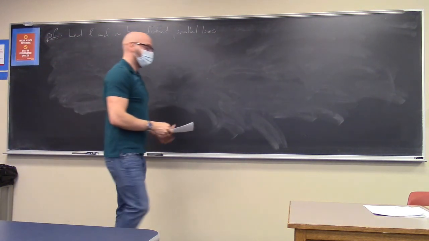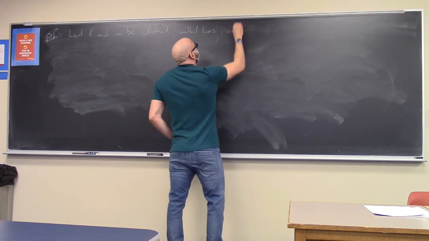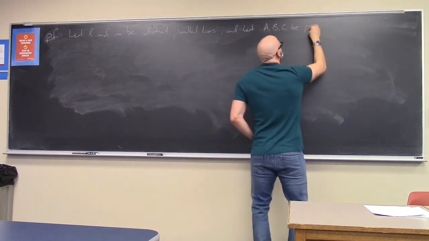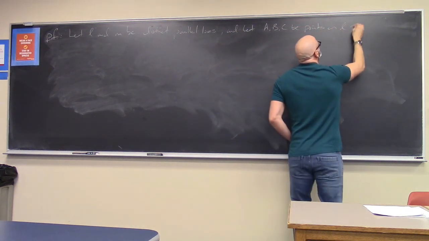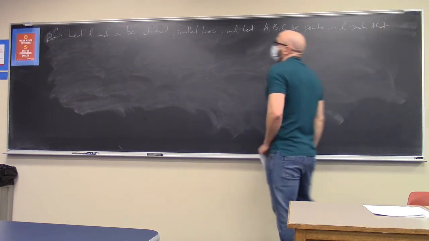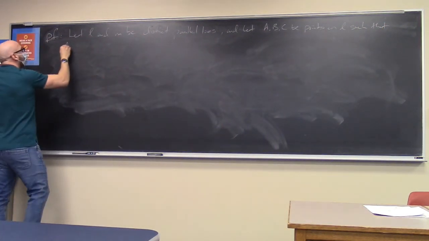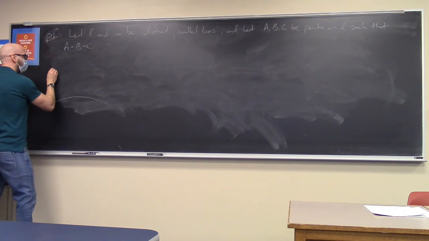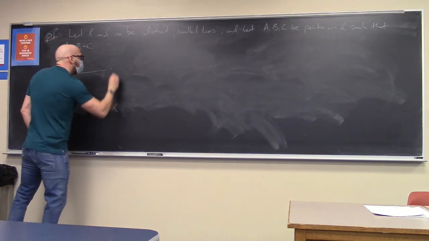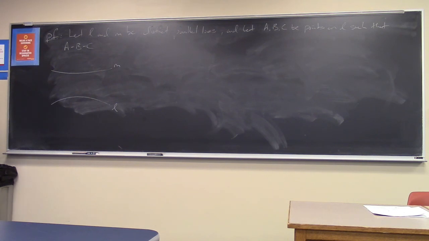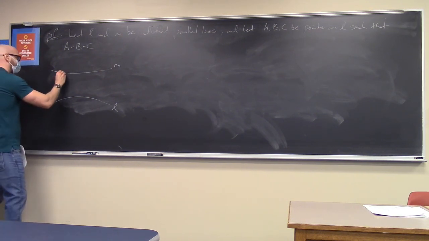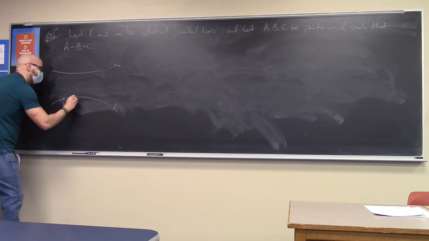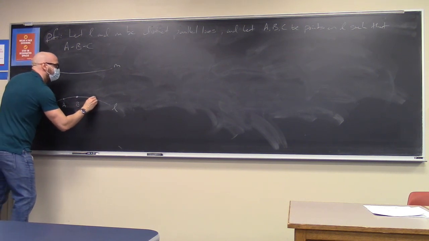And we'll choose 3 collinear points on L. Let A, B, C be points on L such that A then B then C. All right, so L and M. A, B, C.